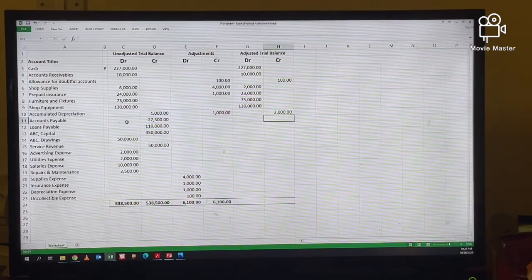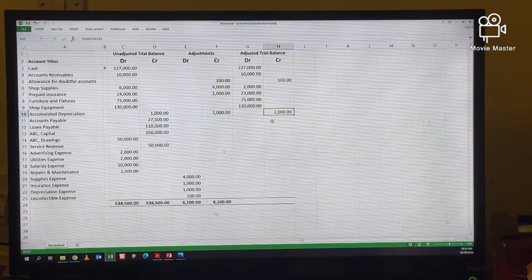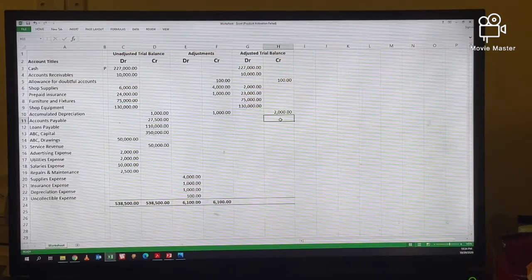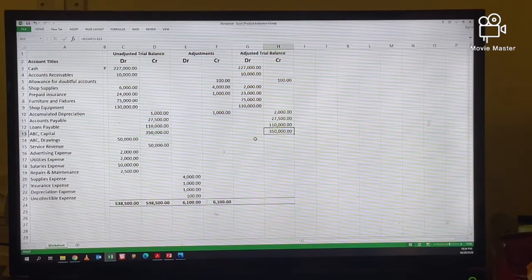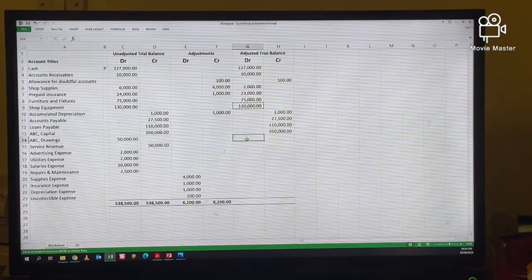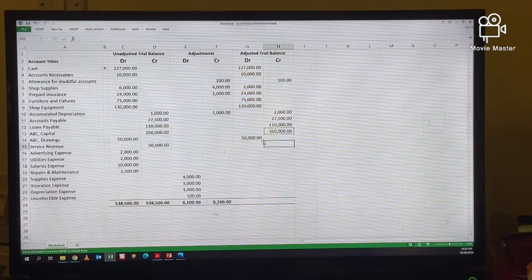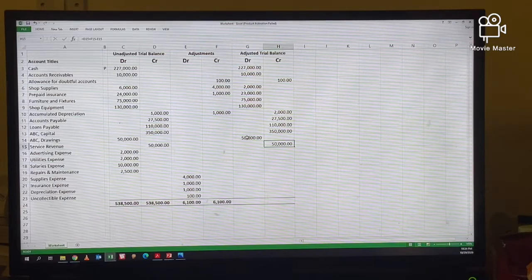Okay, so, 1,000 plus 1,000 is credit balance of 2,000. And then, accounts payable, wala tayong adjustment. Same with loans, ABC Capital, so kopyahin nyo lang yan. ABC drawings, wala din tayong adjustment. So, i-copy lang. Ipo-forward mo lang sila from here to here kapag walang adjustment. Okay?